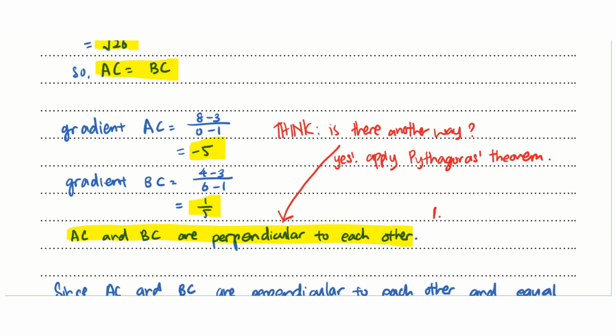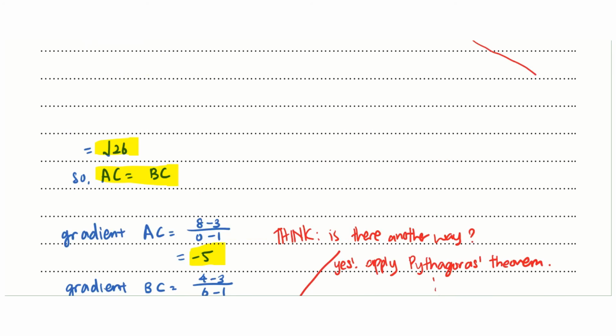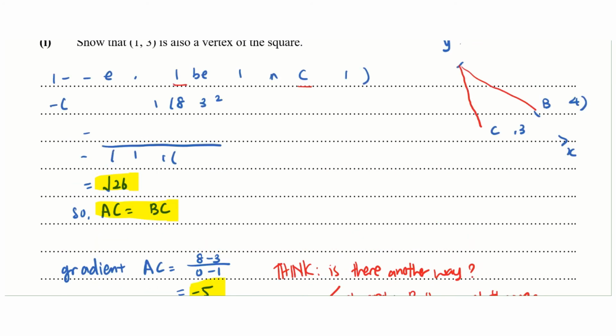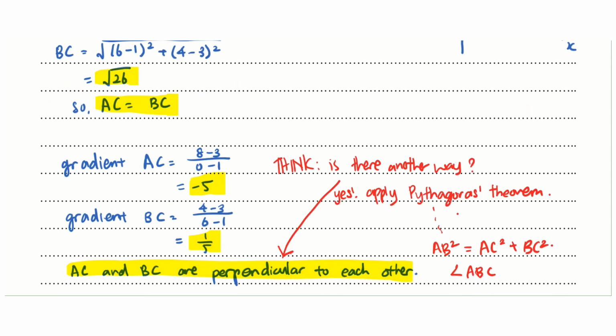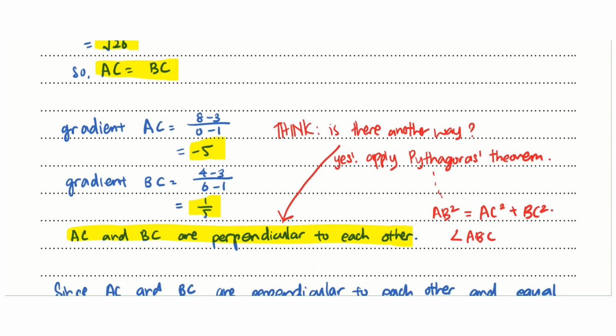I find the length of AB, do my working, and I will see that AB squared equals AC squared plus BC squared. Then I can conclude that angle ABC, sorry, not ABC, but angle ACB, let me do a check. Yes, angle ACB will have to be 90 degrees. Let me correct this.